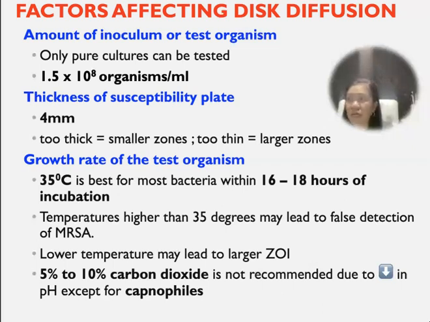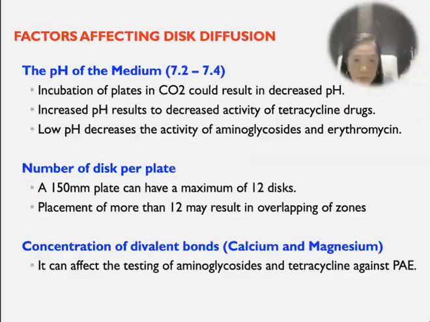So magiging acidic, no, ang pH ng iyong culture media. Okay? So, ang pH, ano yung ating target dito? 7.2 to 7.4 kasi slightly alkaline yung ating or neutral, no? Neutral to slightly alkaline ang best para sa ating organisms. Okay? So, dapat kung hindi naman kailangan, wag lagyan ng carbon dioxide because this will decrease pH.